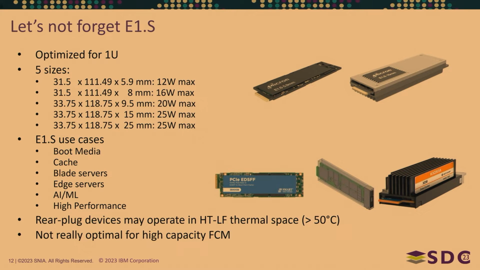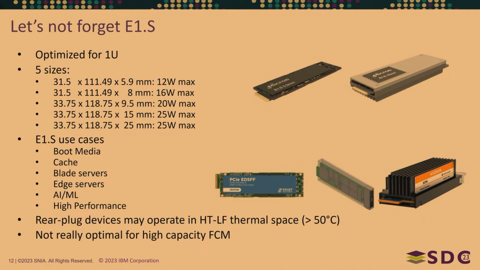So just for completeness, I'll talk about E1.S as well. It's optimized for 1U servers. It comes in 5 sizes. I believe the first 2 sizes are sort of boot media oriented, and for the rest, the use cases are caches, blade servers, edge servers, artificial intelligence, machine learning, and high performance applications. Some of these might be rear facing drives.